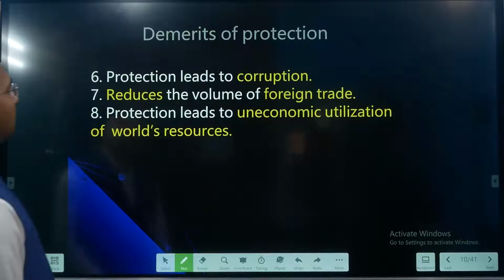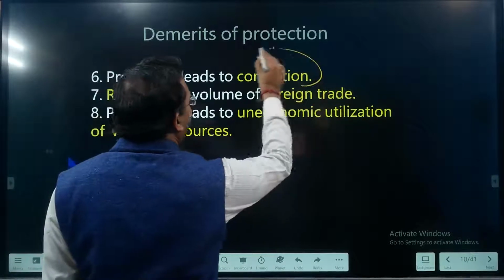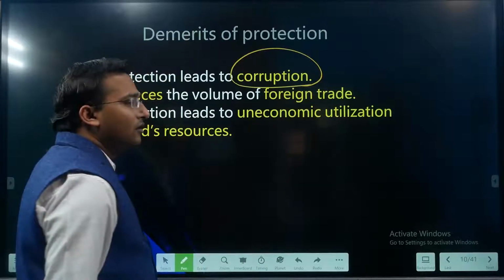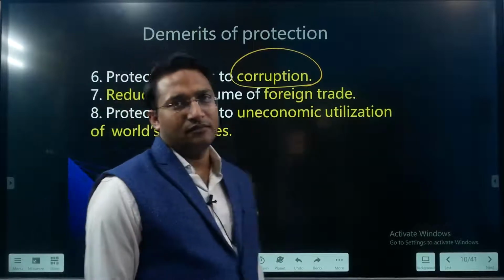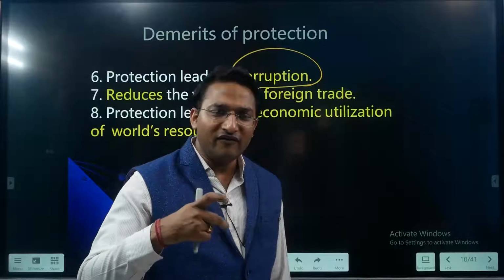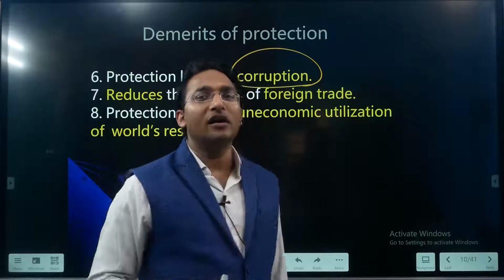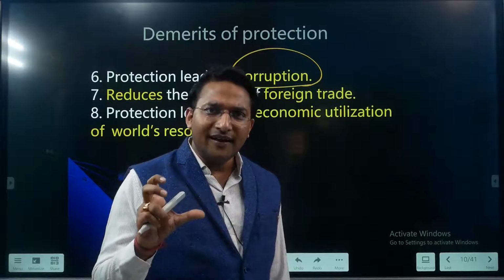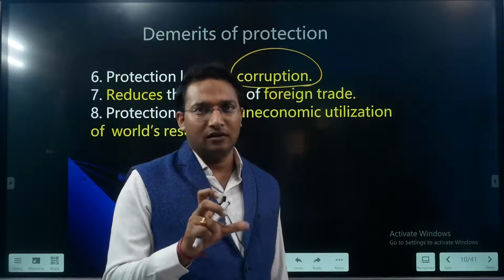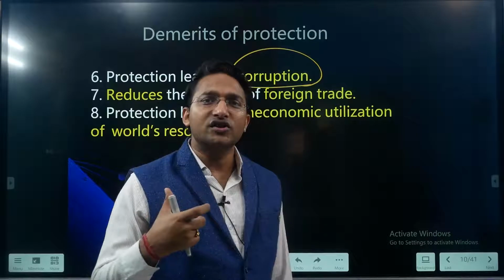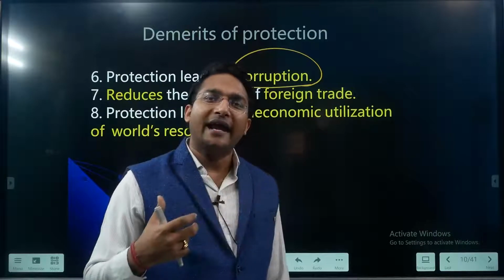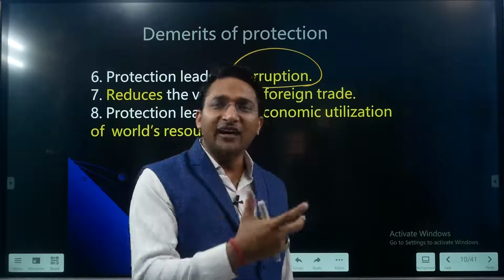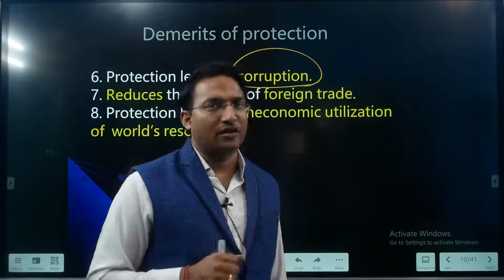Protectionism leads to corruption. Yes, this is also possible. So when there is a taxation system, when we impose taxes on the flow of goods and services, then there can be lobbying. That means certain industries can go to the politicians and they can demand tariffs on the imports of their own products.